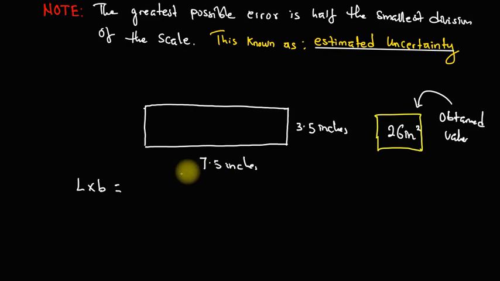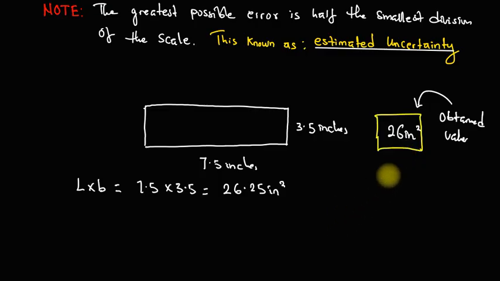Area of a rectangle. So we have 7.5 inches times 3.5 inches. The actual area is 26.25 inches squared, but we measured it as 26 inches, so there's an error.